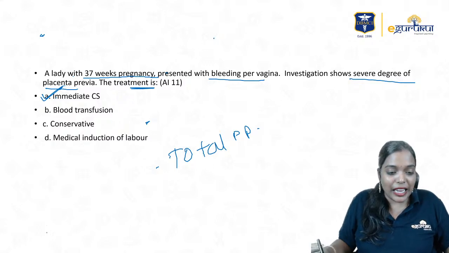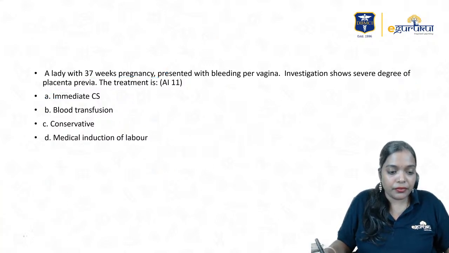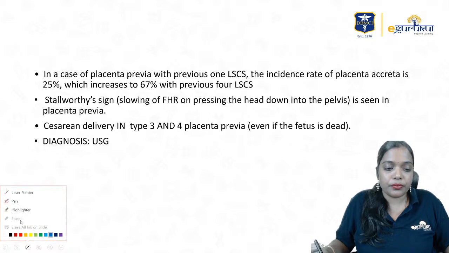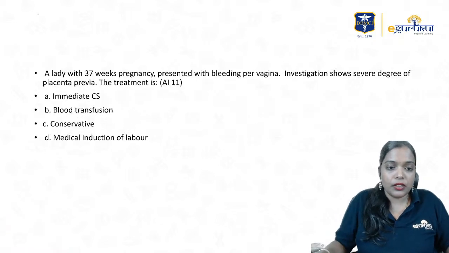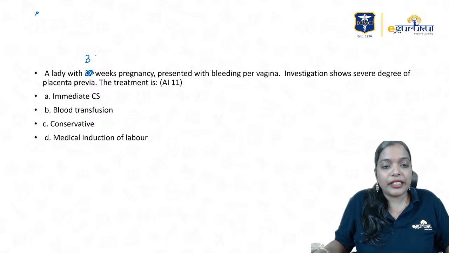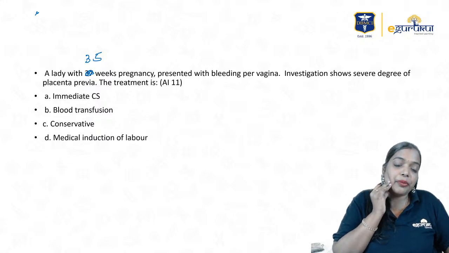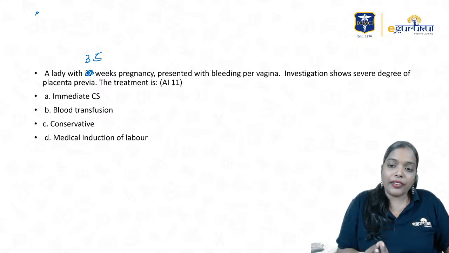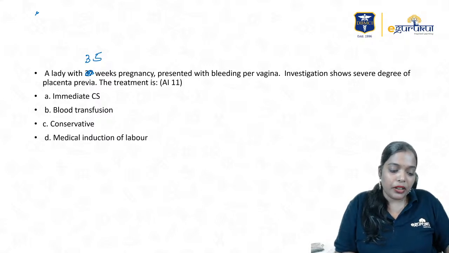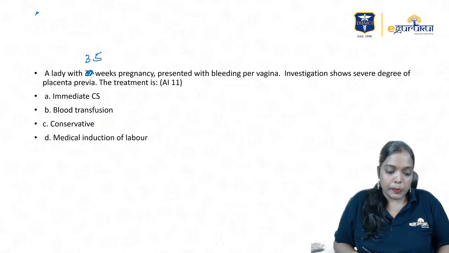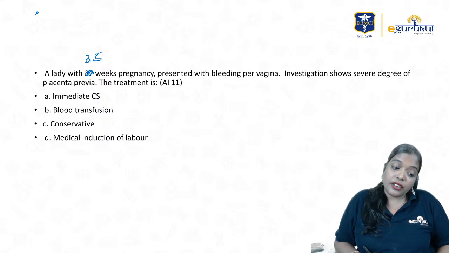Now, if in the same question I change it to 35 weeks, then what will be your answer? A lady with 35 weeks pregnancy presented with bleeding per vaginum. Investigation shows severe degree placenta previa. What is the management you would like to do for her? So what will be the answer now?